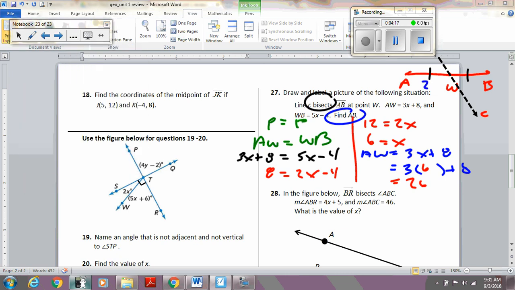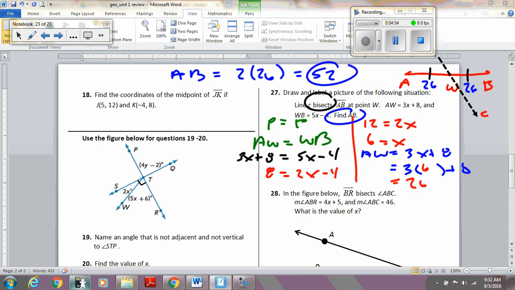So this length is 26. Again, that length is also the same as WB, so WB will be 26. So now I would need to take 26 plus 26, or 26 times 2, to figure out the total length from A to B. And that would give me 52. So the total length for A to B is 52.